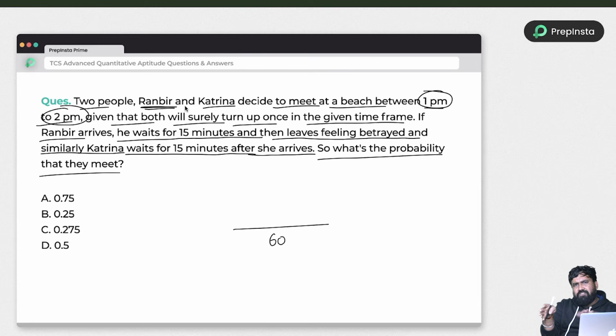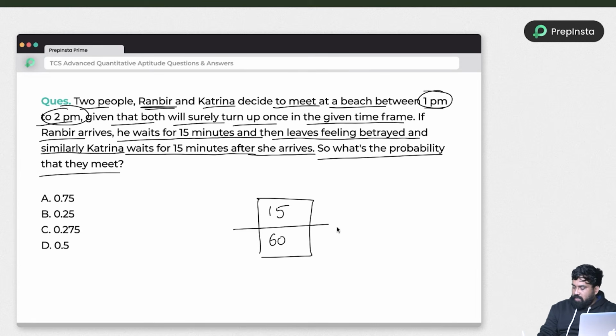If she left, if he waited 15 minutes also, it doesn't make sense, right? Why? Because she already left. So any one of them comes, in that 15-minute period only can they meet, or else no. So the only possible or favorable time is 15 minutes, whoever the person might be.